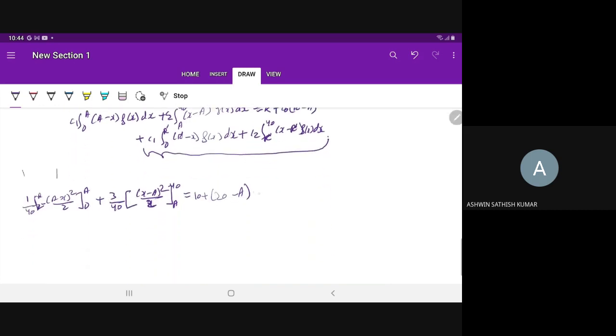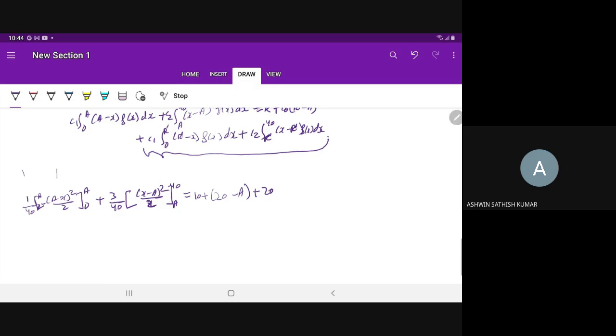So instead of going into the integration, you can write it directly as 20. If you want to integrate, reintegration you can do, otherwise from above you can write directly this value is equal to 20.